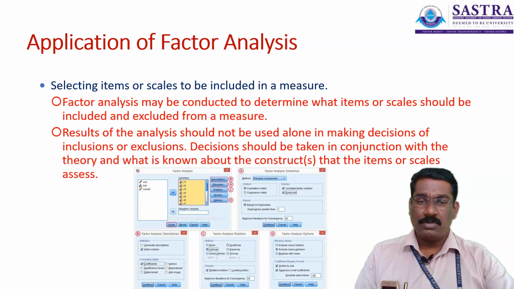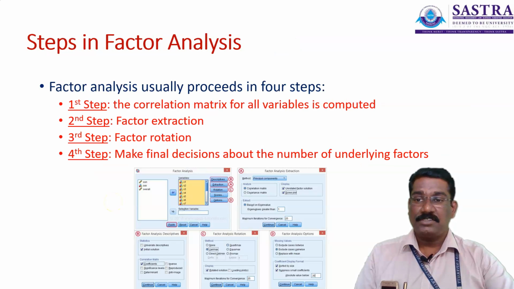You can download it and do the confirmatory. But this session only talks about exploratory factor analysis. So decisions should be taken in conjunction with the theory. That is very, very important. There should always be cited evidence about this construct developed using exploratory factor analysis.